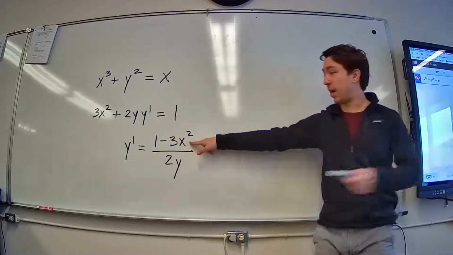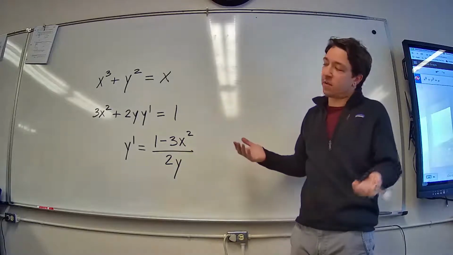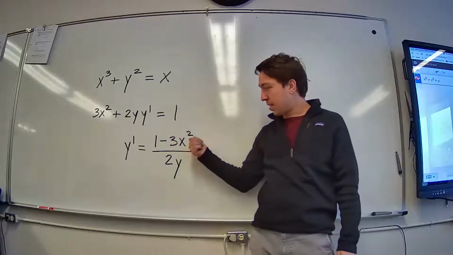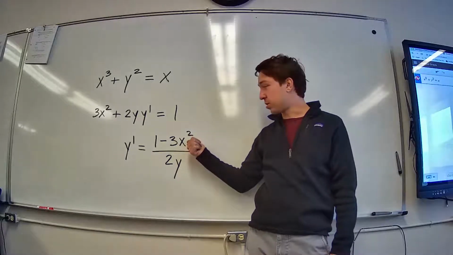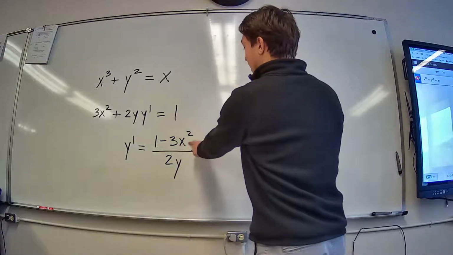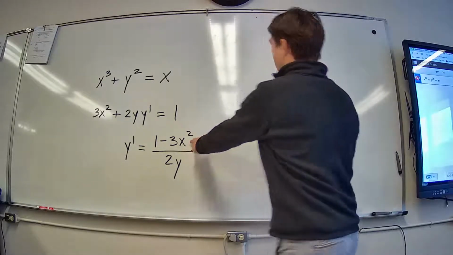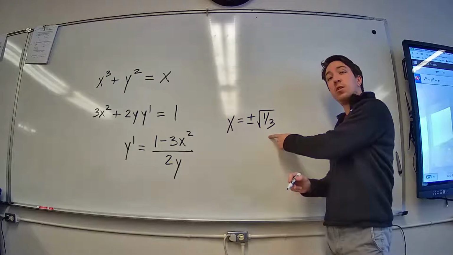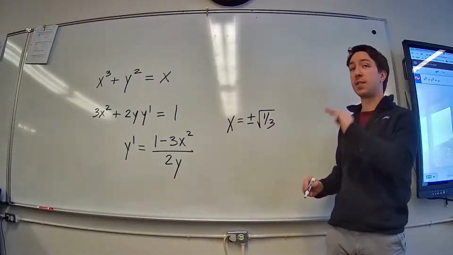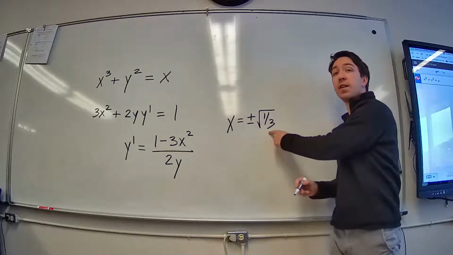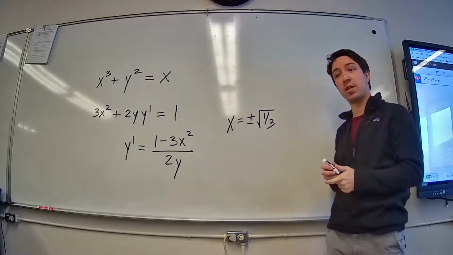So if I ask the question, where does this thing have a horizontal tangent line? I would set this equal to 0 and solve, and you'd get plus or minus square root of 1/3. And that would be the condition. So if there are any points on this curve that have these x values, they would have to have horizontal tangent lines there.